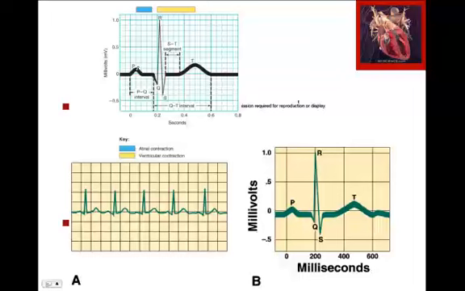As the muscle cell becomes depolarized, that's what causes the calcium to be released from the sarcoplasmic reticulum. Remember that calcium then binds to the troponin tropomyosin complex, pulling it off of that myosin binding site, and then the myosin heads can again form that cross bridge and undergo their power stroke.